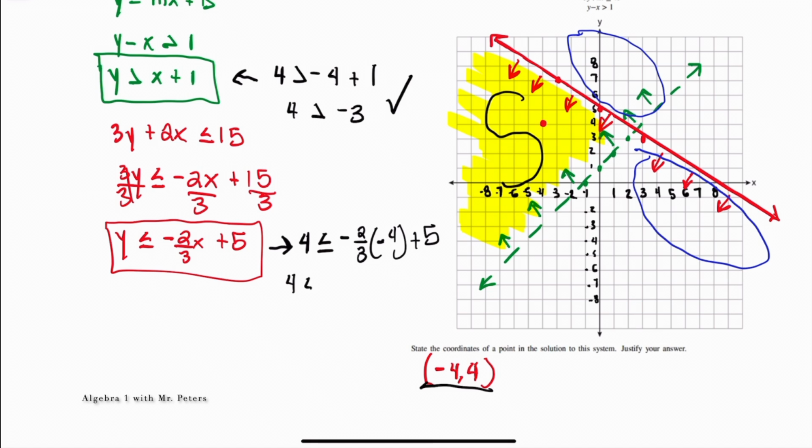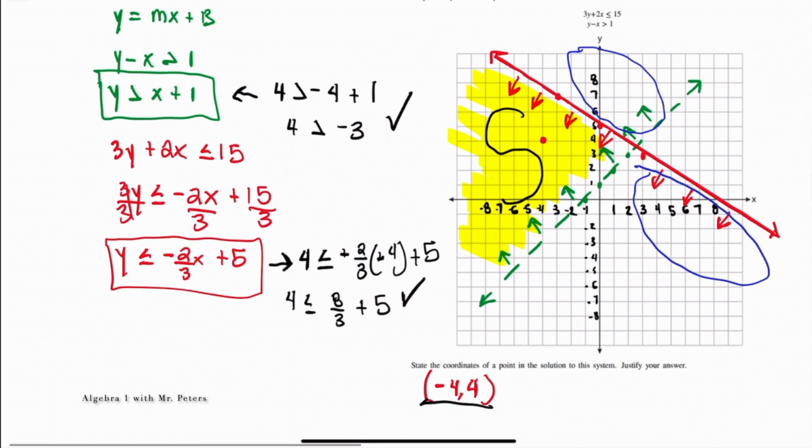So 4 is less than or equal to, let's see, this is going to be 8/3 plus 5. And when we simplify that fraction and add it to 5, that is also going to be a true statement. So this is what we mean when we say that that point satisfies both inequalities.